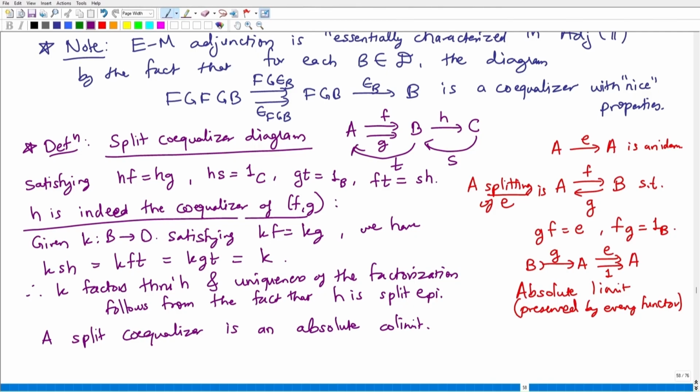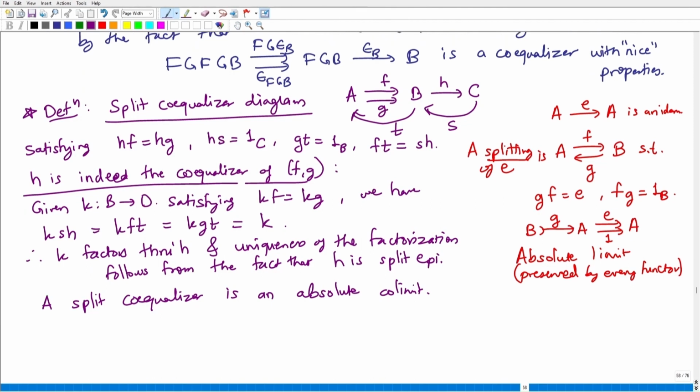Okay, so let me write that diagram again. So FGFGB, then FG epsilon B, epsilon sub FGB. While I am writing this, can you think of what the splitting should be? Can you think of a splitting for epsilon B?